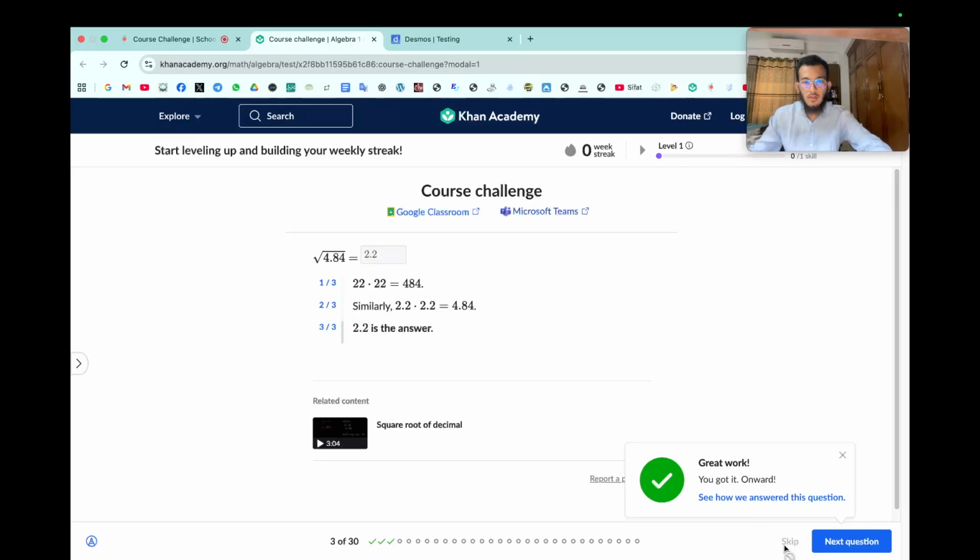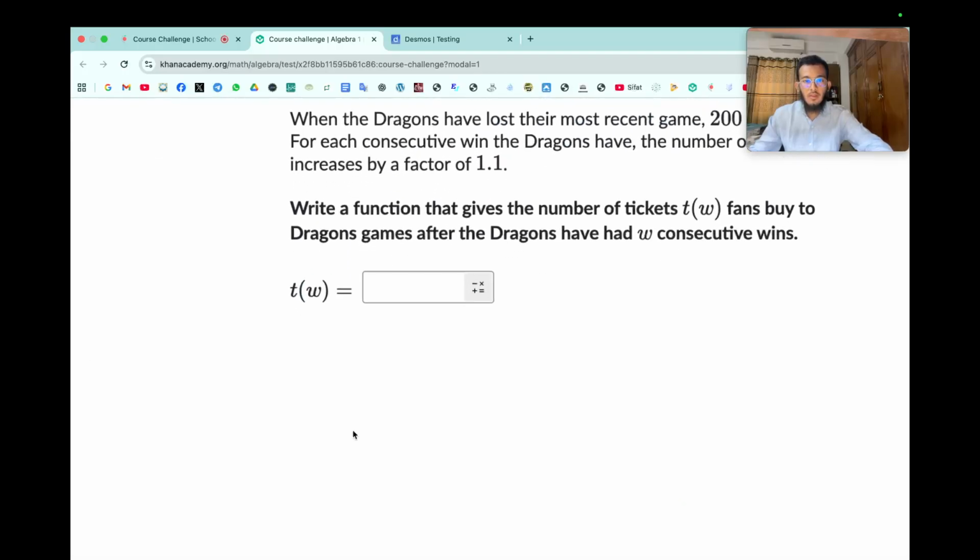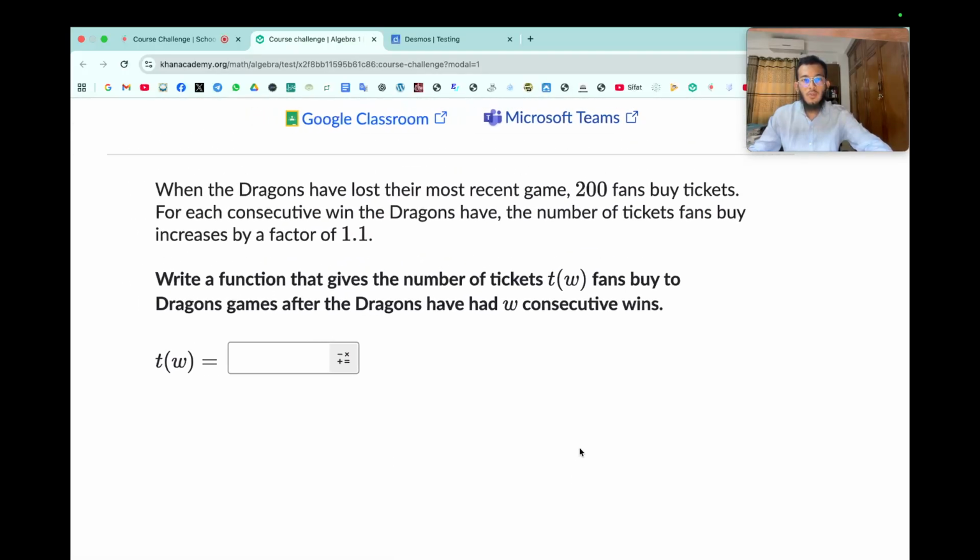Okay, fine. Next question. When the Dragons have lost their most recent game, 200 fans buy tickets. For each consecutive win the Dragons have, the number of tickets fans buy increases by a factor of 1.1. Write a function that gives the number of tickets fans buy to Dragons games after the Dragons have had W consecutive wins.